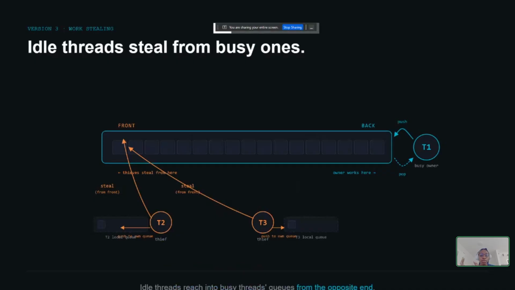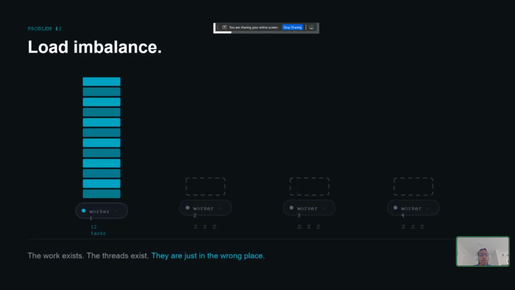How about threads that don't have anything to do? When they check their own local queue and see, oh, there's no work on my local queue, and then they check the global queue and see, oh, there's no work on the global queue, they can check their neighboring threads and say, is there anybody here that has too much work to do? Maybe I can steal some work off you, right? So let's imagine worker two wakes up and says, oh, worker one has too much work, and then it steals half of this work from worker one, right?